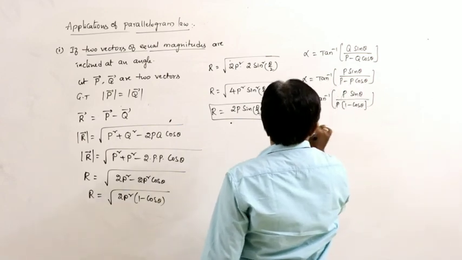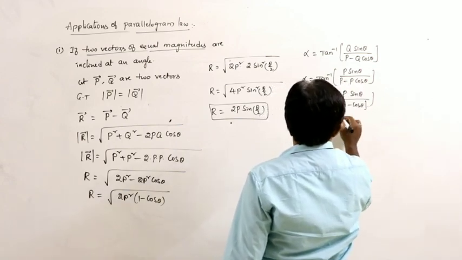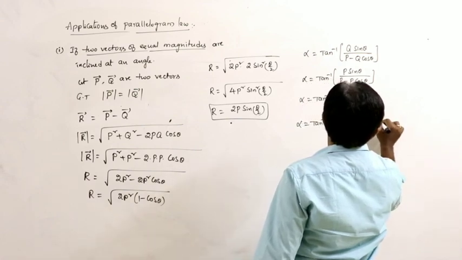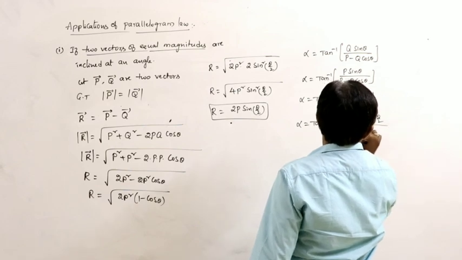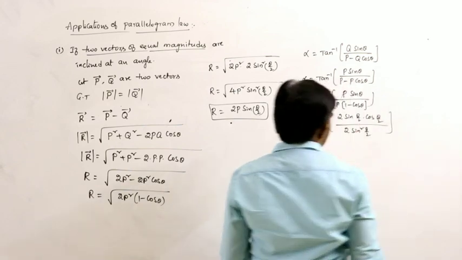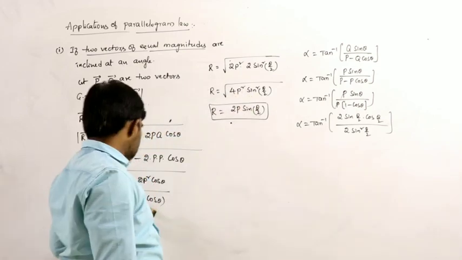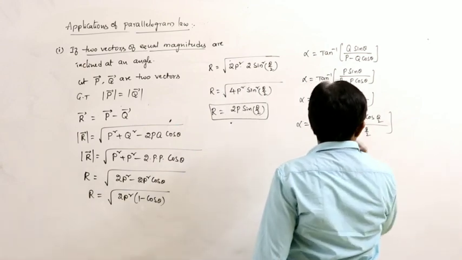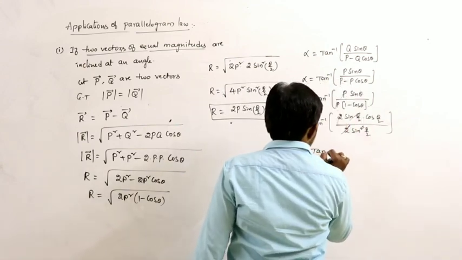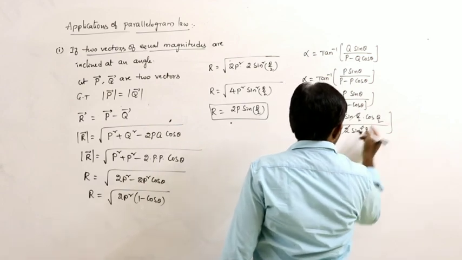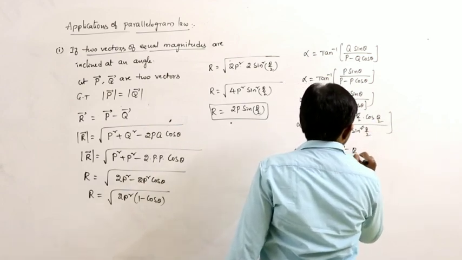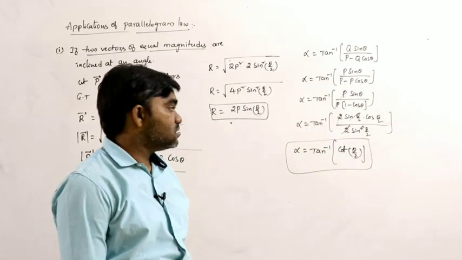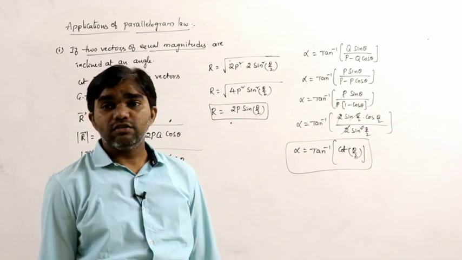The p's get cancelled. Alpha is equal to tan inverse of sin theta, written as 2 sin theta by 2 into cos theta by 2, divided by 2 sin square theta by 2, since 1 minus cos theta can be written as 2 sin square theta by 2. Here the 2 cancels and sin theta by 2 cancels, so alpha equals tan inverse of cos theta by 2 over sin theta by 2, that is cot theta by 2. This is the direction: alpha is equal to tan inverse of cot theta by 2.